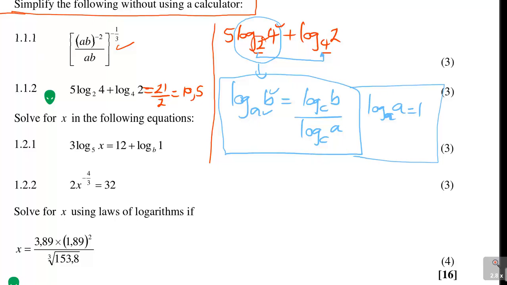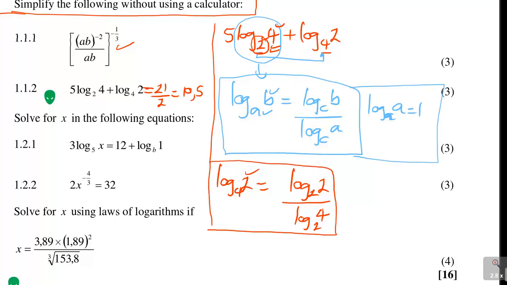It's easier if everything is taken from the smaller base perspective. You'll see the reason. So I'm going to change log base 4 of 2 into log 2 over log 4. That simplifies things actually. So the 2 is on top and the 4 is at the bottom. You can see that.